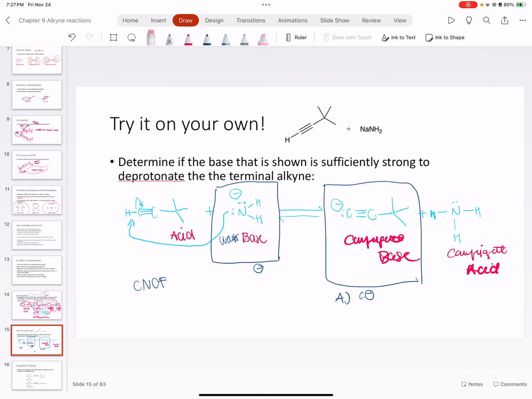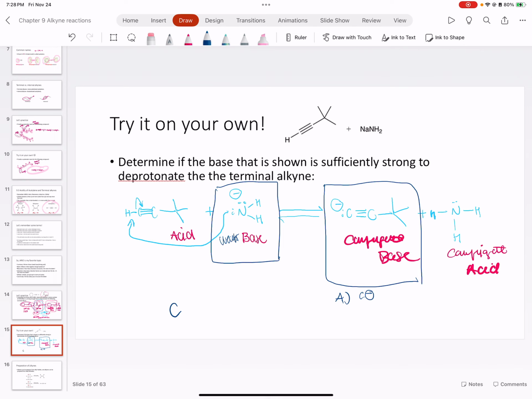But the thing is that things like CN negative are really unstable, so they make strong bases because they really need a proton. They're strong bases, they really need a proton. So the thing is that this would apply ARIO to everything else.